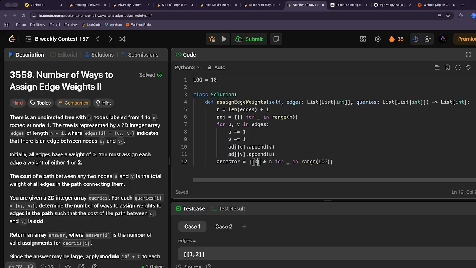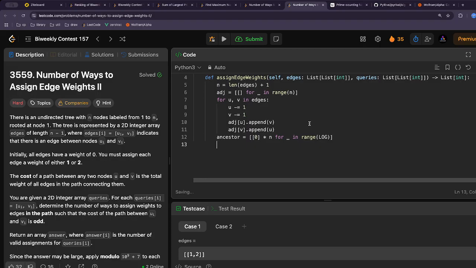Because that's going to make it so that when we jump over the end of the tree, we'll still end up at the root, right? We don't want to go out of the tree. So now we're going to do a BFS like we did before.